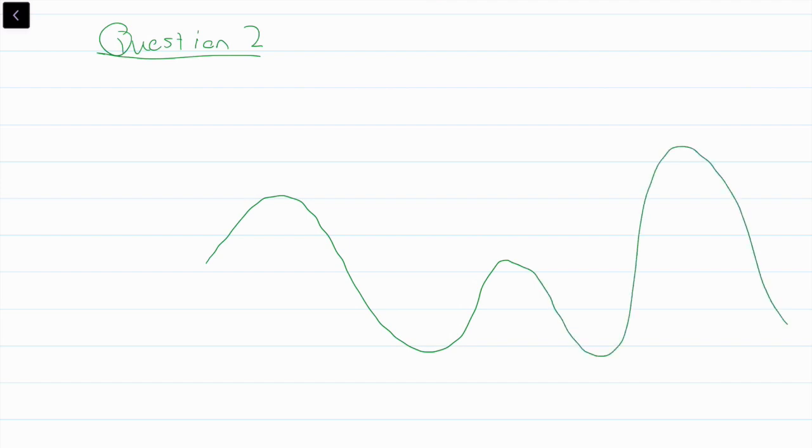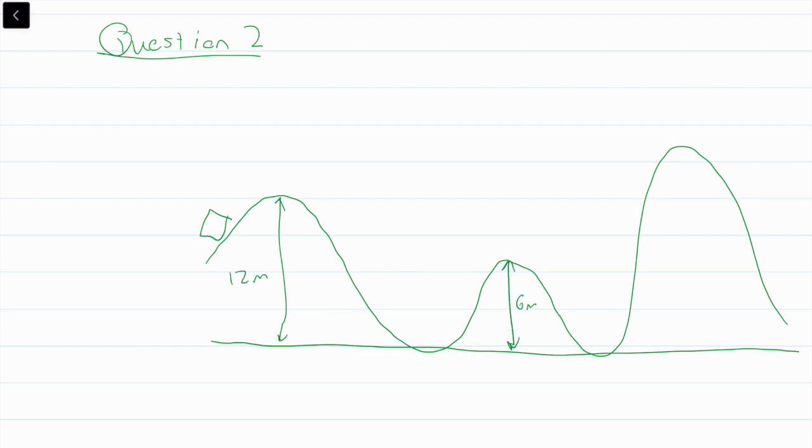So we have a roller coaster. Okay, so that's our roller coaster, and we have a cart. Okay, so let's define some heights. Okay, so this is the bottom of the roller coaster, and we have this height right here, which is 12 meters, this height right here, which is 6 meters, and this height right here, which is 10 meters.